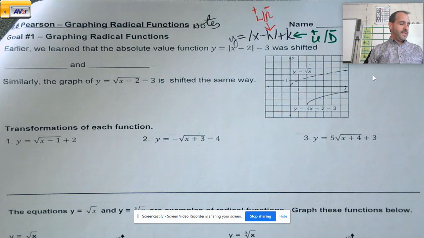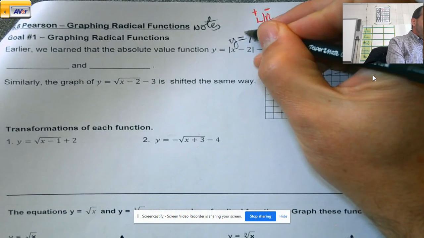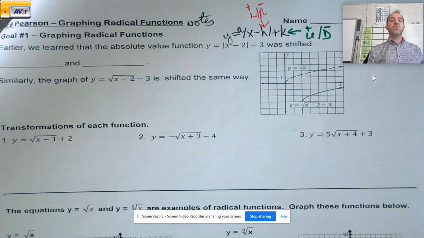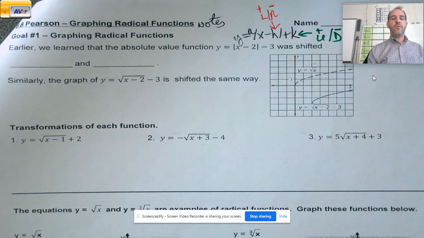And then I didn't write it on here, but then we had A in the front, which determined our stretch, okay? Did it get skinnier? Did it get wider? Did it reflect over the x-axis when it was negative? So now we're going to put that to use with another type of graph.